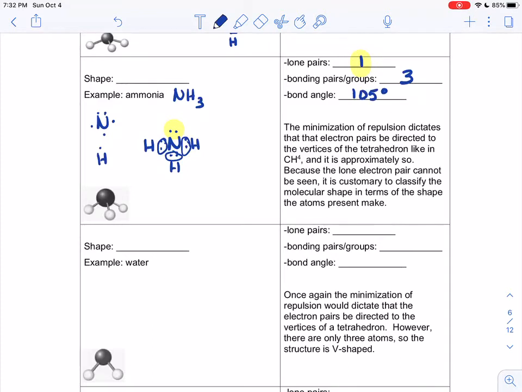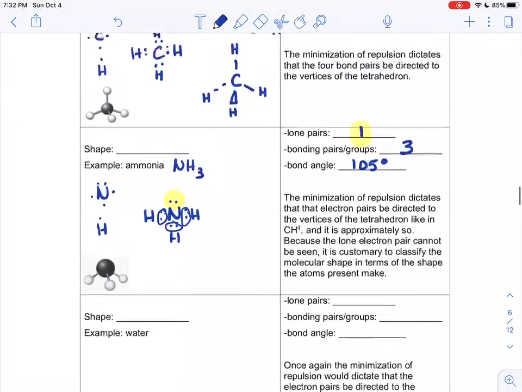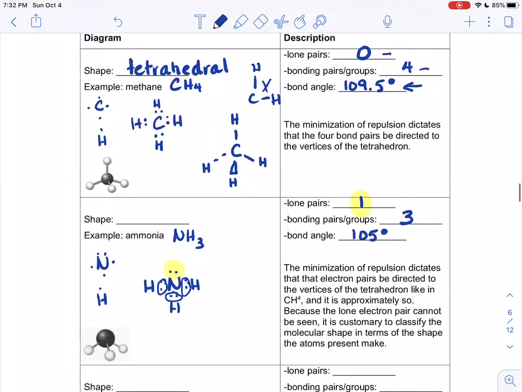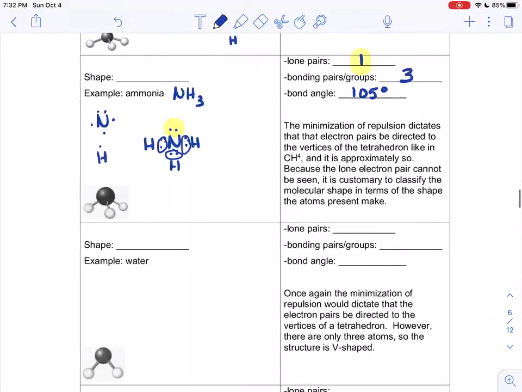And for this one, what happens is that the lone pair pushes down a little bit on these bonds. So these bonds get pushed down, and that's why the number is lower than it is for the tetrahedral. So a lone pair will always push down a little bit more than an actual bonding group.